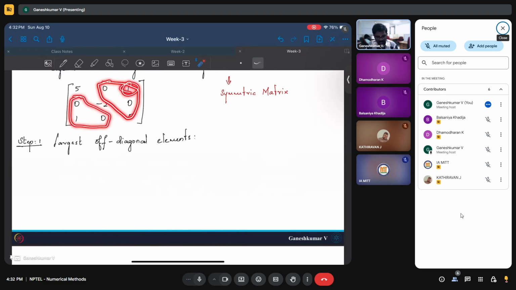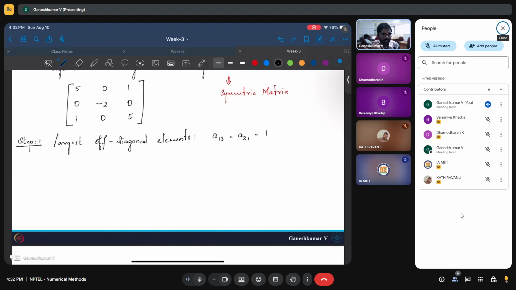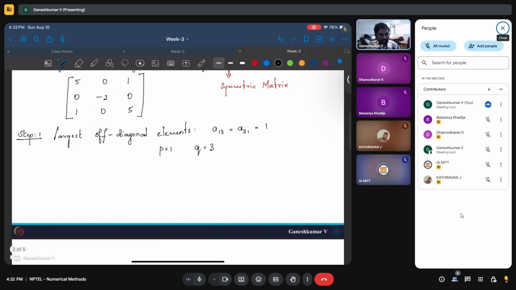Basically a13 equal to a31 is equal to 1. So this is your largest off diagonal element, which means p is 1 and q is 3. p is row and q is column, the first row and third column.